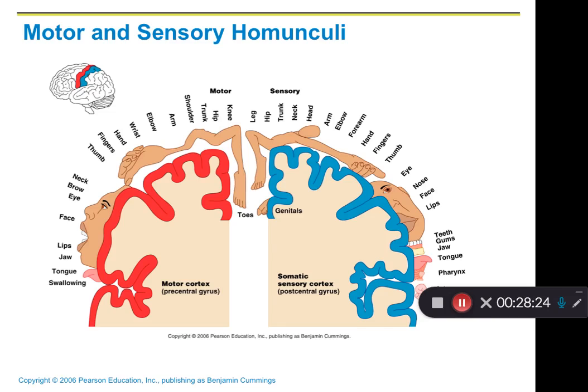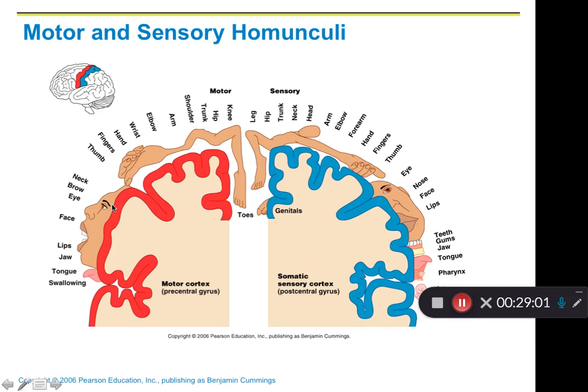That means the hands and feet need more regions of the parietal cortex for sensation detection. However, since our trunk, arms, and legs have fewer receptors, the regions of the cortex for those body areas are very minimal.